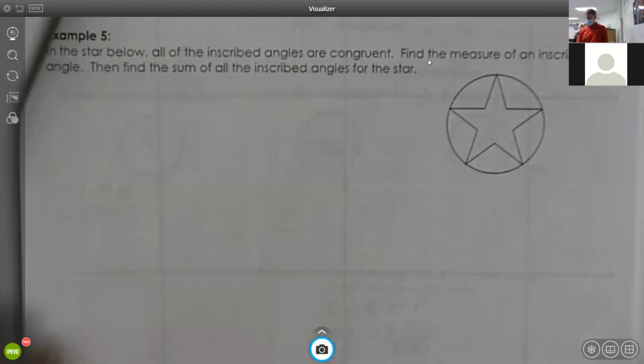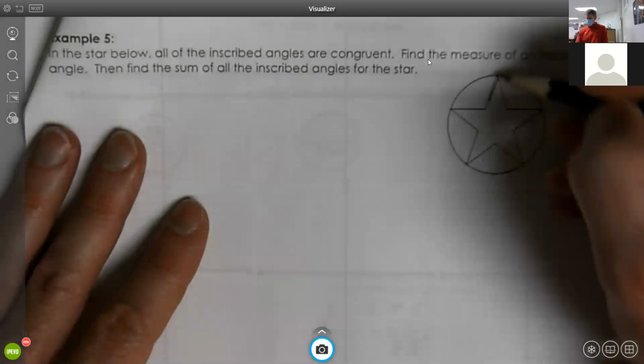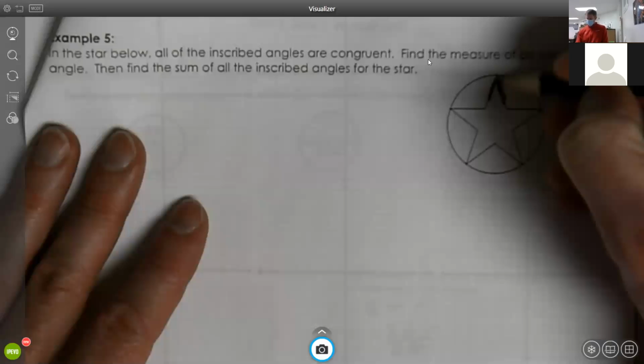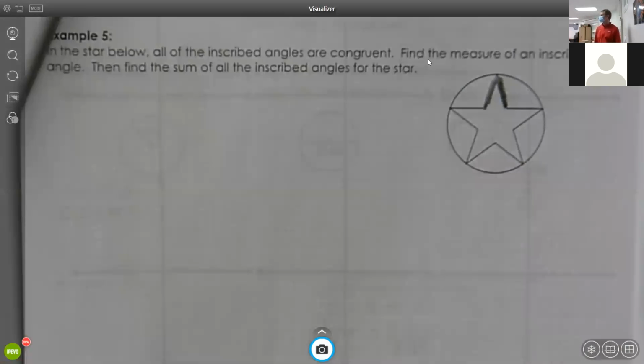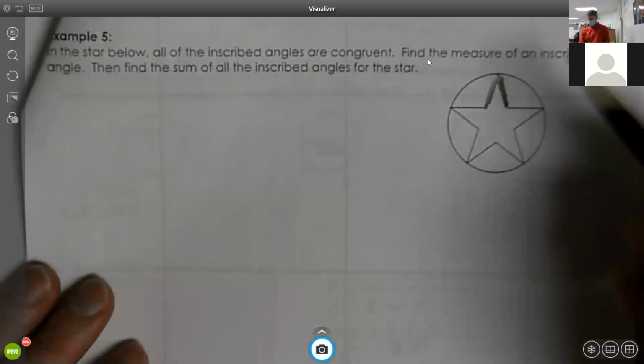So what we're looking at is trying to determine what angle that is right there. There are 5 angles inscribed. They are all congruent.